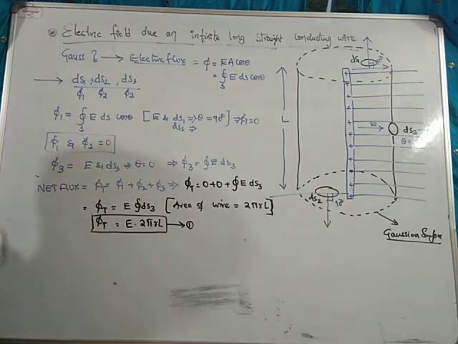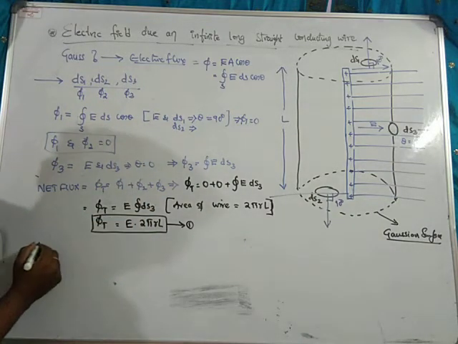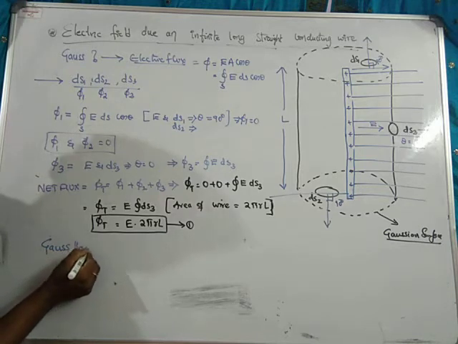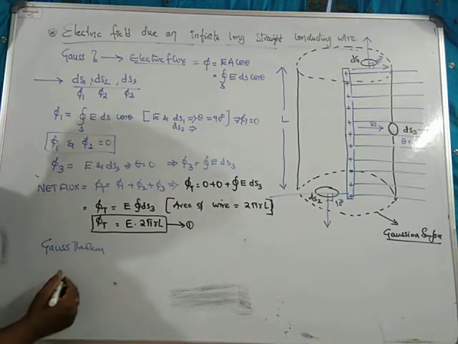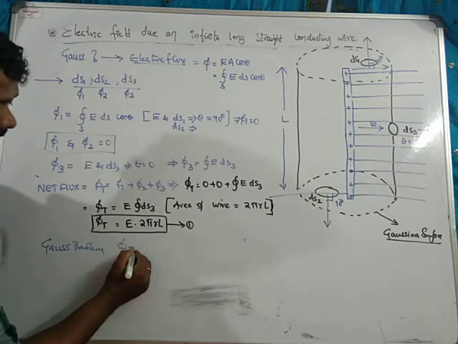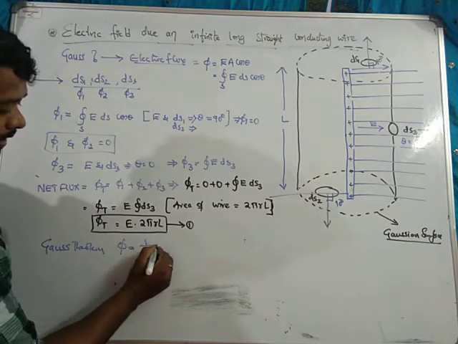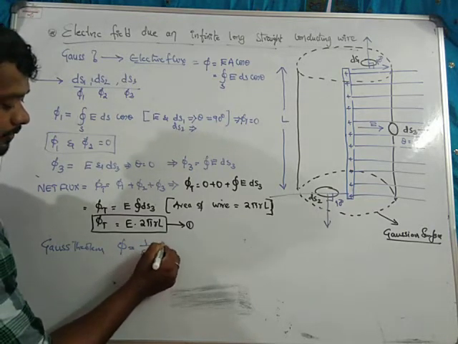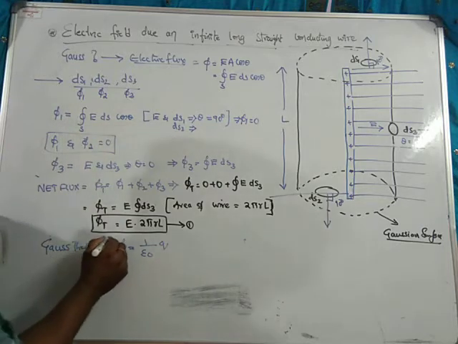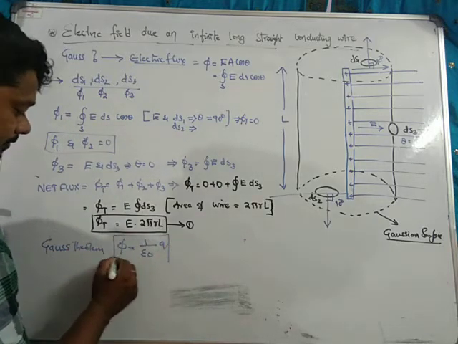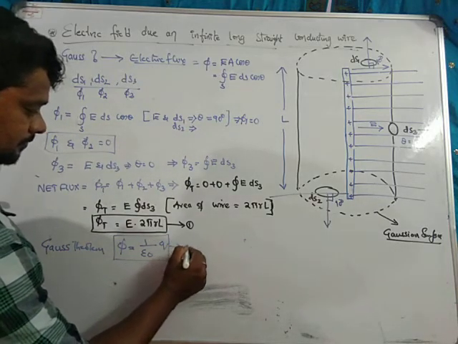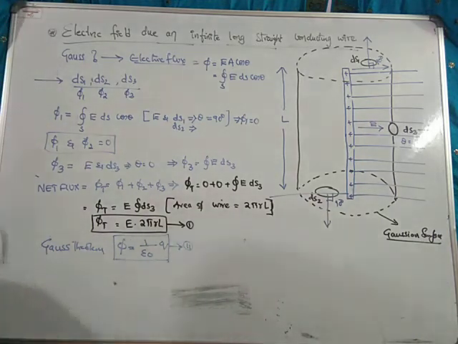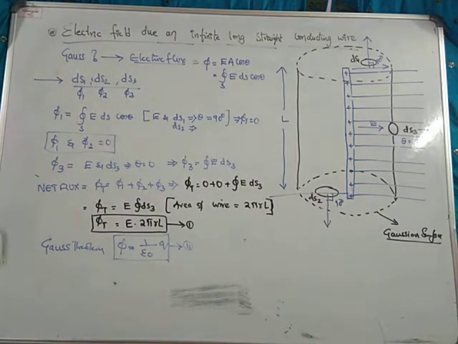And according to Gauss's theorem, flux is equal to 1 by epsilon naught times the charge. Here we have equation 2.